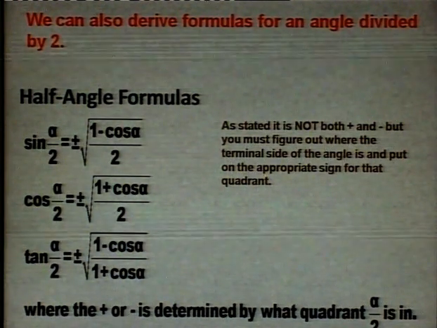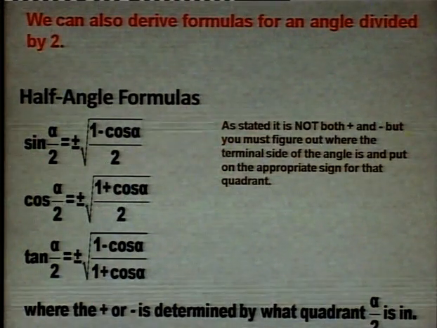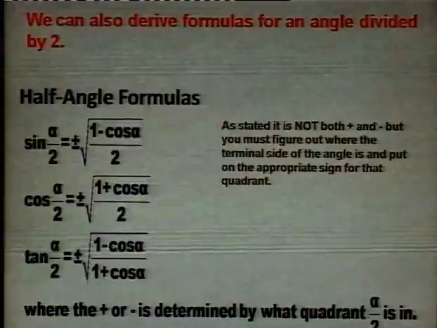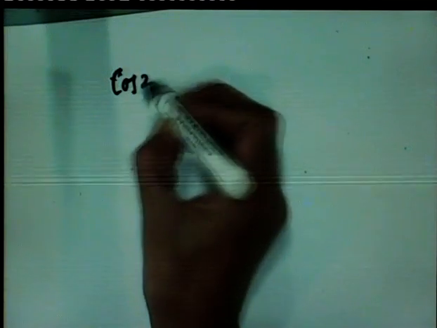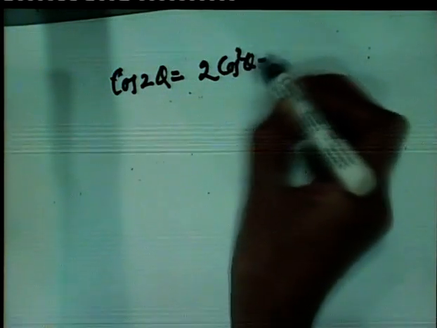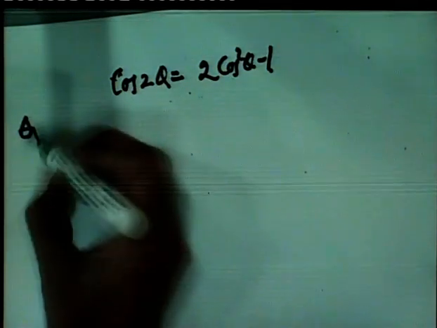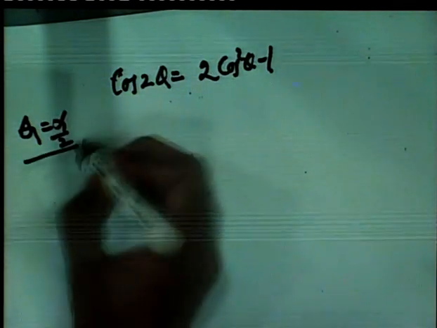Let me derive it for you within no time, they are in fact trivial. So, let us find out. Well, recall cos 2 theta is equal to 2 cos square theta minus 1. So, here you choose theta is equal to alpha by 2.